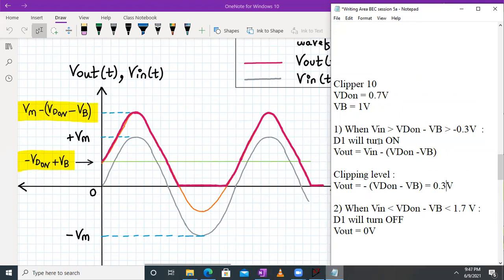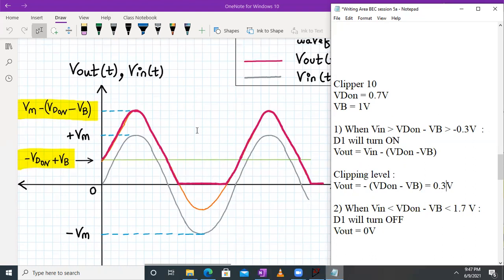Okay, I think this is VD on minus VB, right? So in this equation, if I input is greater than VD on minus VB, I will get output greater than zero. So if the tracking level is above zero, whatever is the level of tracking level, that will become my output.